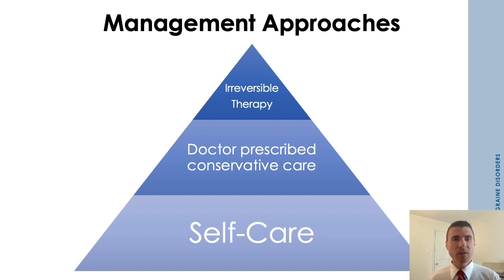unfortunately, for some providers, is irreversible therapy to address the TMD. That could be something like orthodontic work or braces, where they put metal brackets on to move the teeth around. It could be reshaping the teeth and putting caps or crowns on all over. Or it could be a surgical procedure, whether that be a surgery in the joint itself or surgery to fracture and move the mandible.